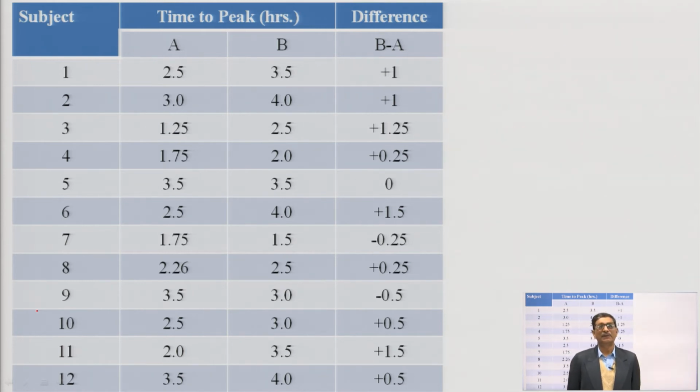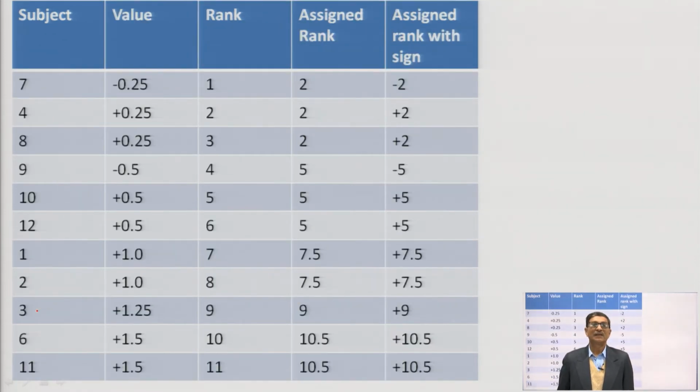After finding the difference we assign the rank. Before assigning the rank we write these values ignoring the sign, from minimum to maximum. So the first minimum value is 0.25, then minus 0.25, plus 0.25, plus 0.25.